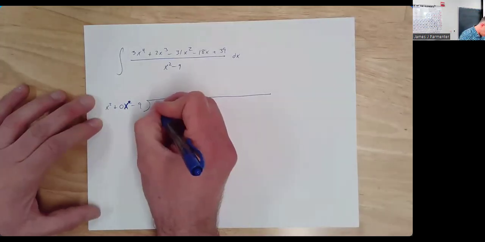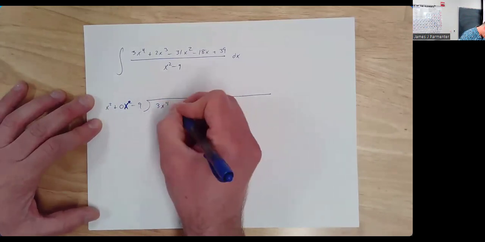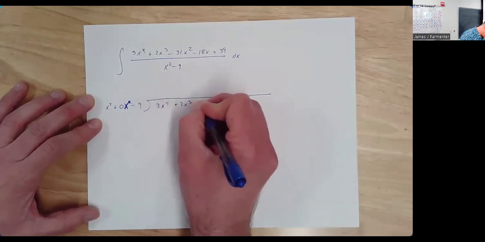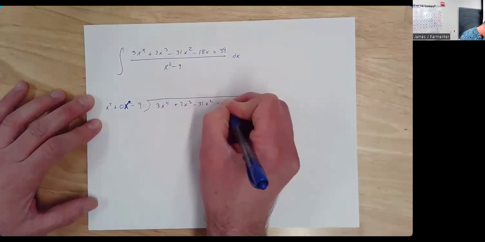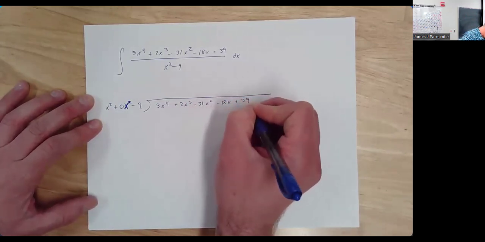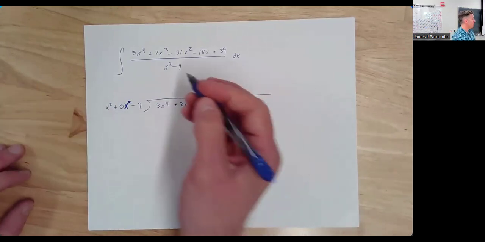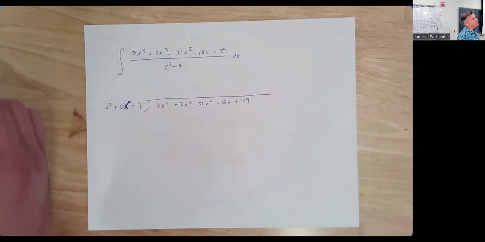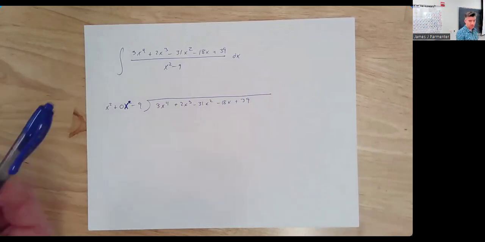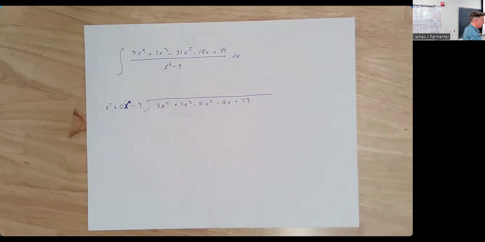And then it's going into 3x to the fourth plus 2x cubed minus 31x squared minus 18x plus 39. The good news is if you see something terrible like this on a test, it means someone has taken the time to make sure that the division works out nicely. So even though it looks terrible, it's actually a good sign, assuming I didn't make a mistake.